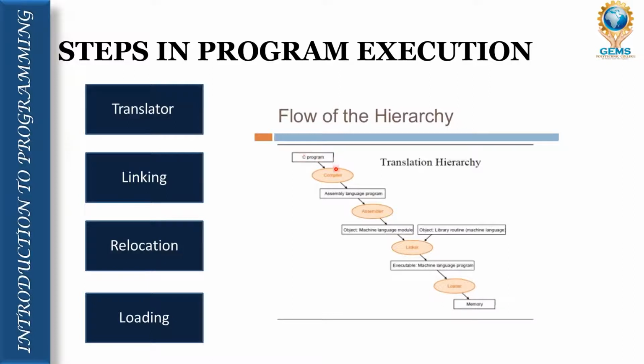As we know, we are using a compiler as a translator. Then we get an assembly language program, which is second generation language, and the translator we are using here is an assembler.